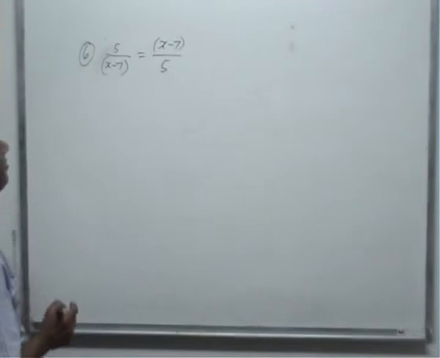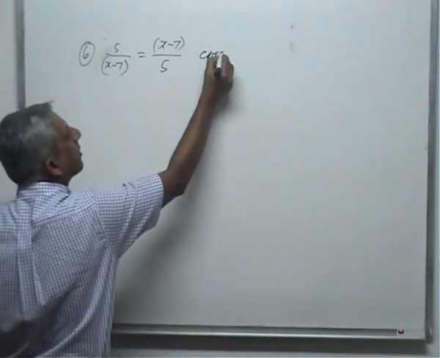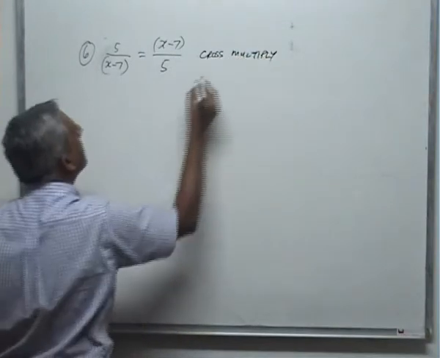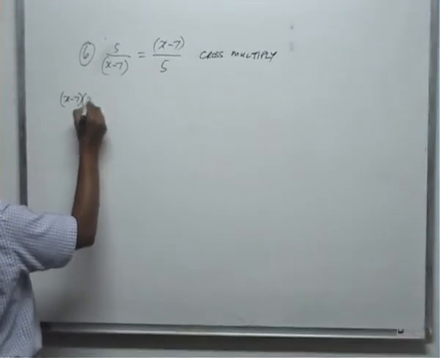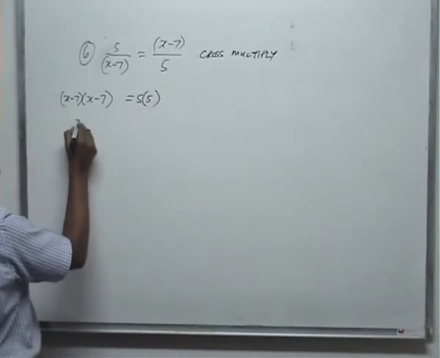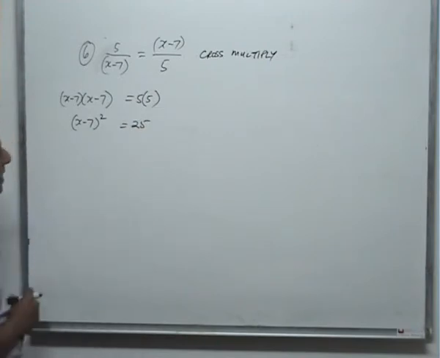Alright, so you've got this example here, and then you realize that you have to cross multiply. So x minus 7 times x minus 7 is equal to 5 times 5. That's x minus 7 all squared is equal to 25.